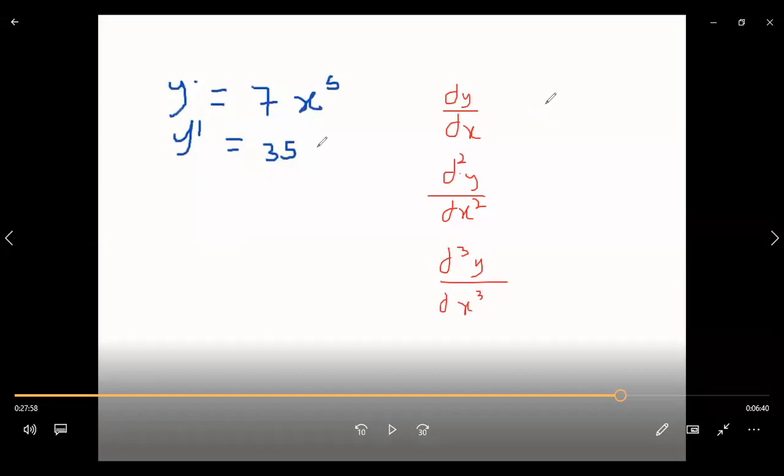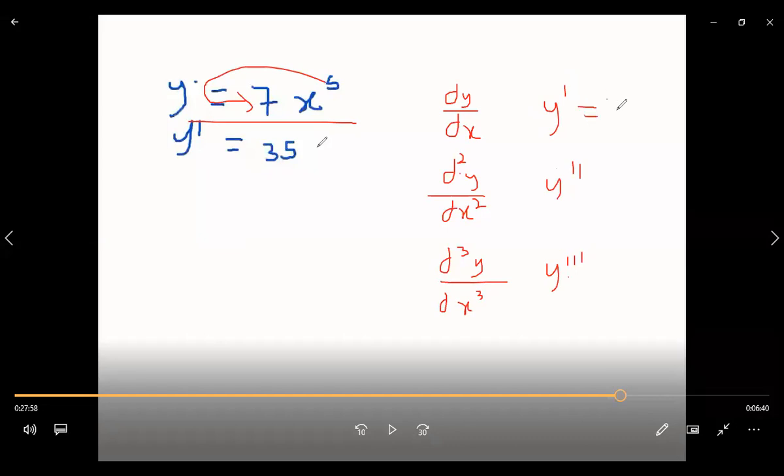In shorthand, we can write this as y prime, this as y prime prime, this as y prime prime prime. So for this question, y is equal to 7x raised to the power 5, if I ask you to find the first derivative, it's just a matter of the exponent coming down to multiply.